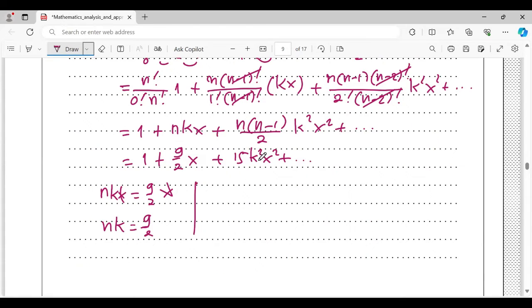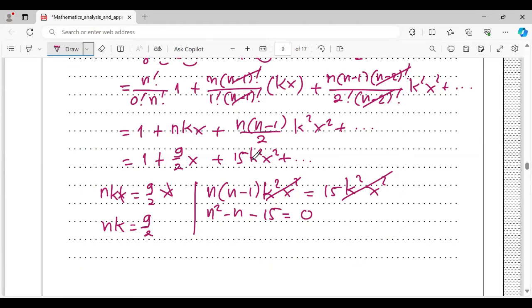Now this one, n times n minus 1, k squared x squared equals 15, k squared x squared divided, so becomes n squared minus n minus 15 equals 0.